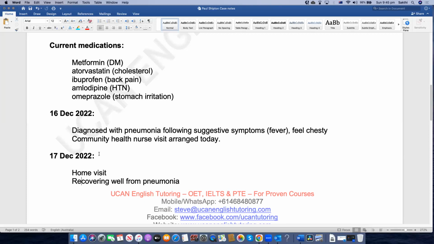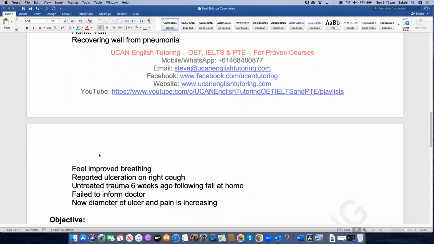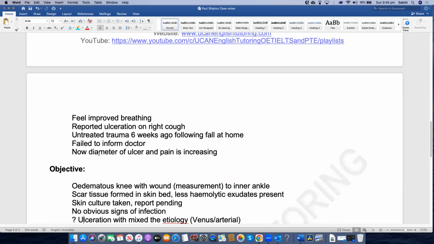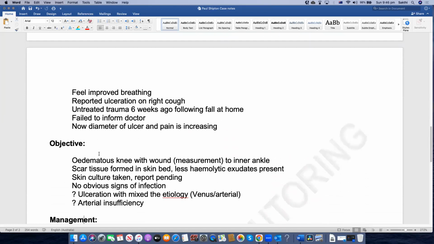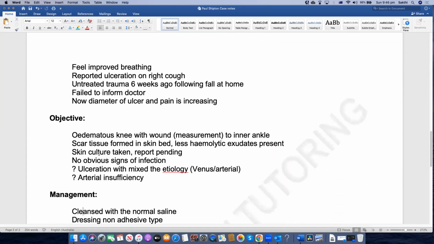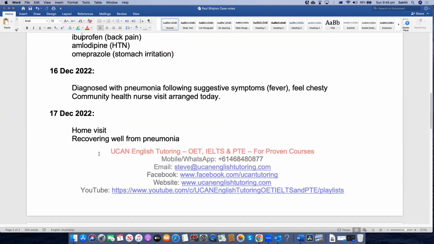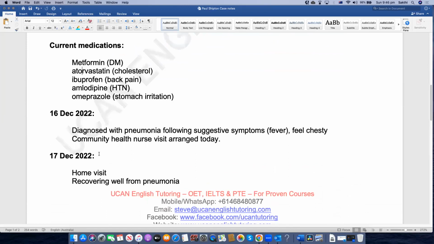But let me have a look at it quickly, what they are going to do. Failure to inform doctor, diameter, also pain is increasing. Yes, I don't think this can be important. We can remove it. Okay, so we can definitely remove this one. All right, perfect. Good.